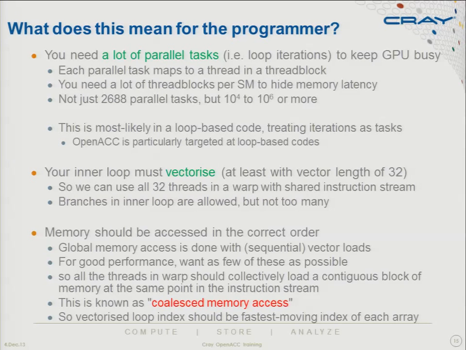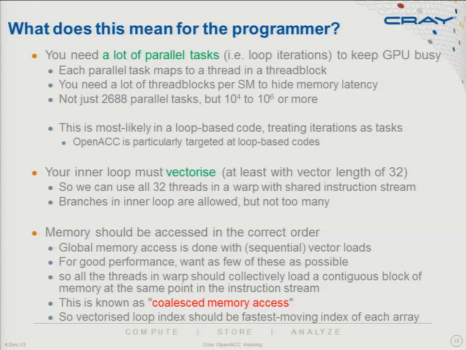So what does all of this mean? Your code needs to have a lot of parallel tasks to keep the GPU busy. That probably means it should be loop-based, and the loops should have large trip counts. If it's not a loop-based code, it will probably be difficult to port to a GPU efficiently.